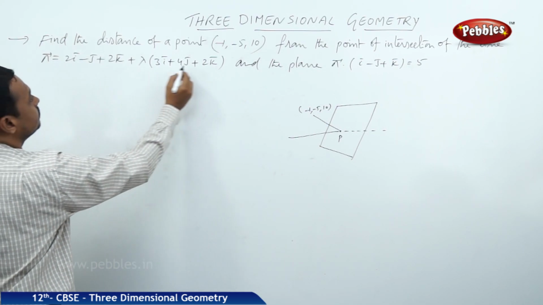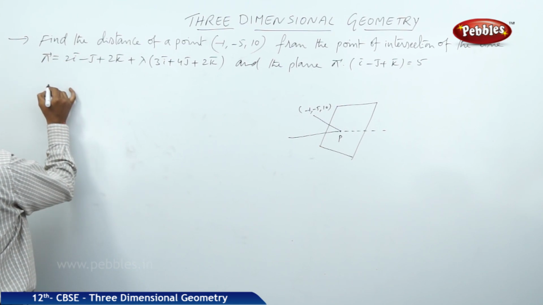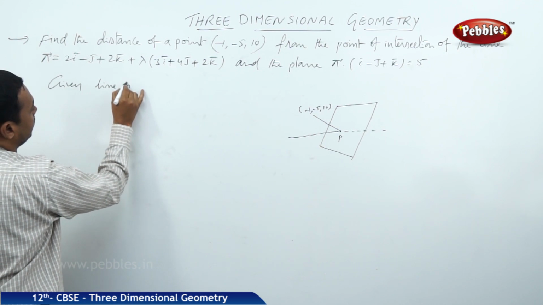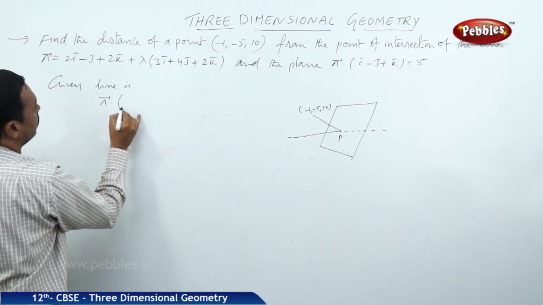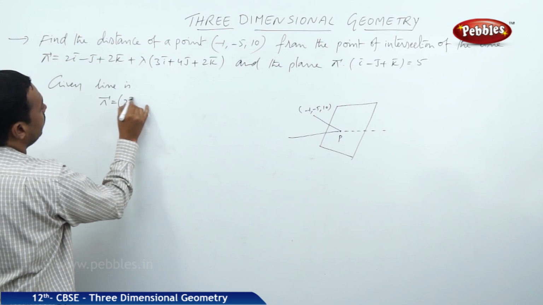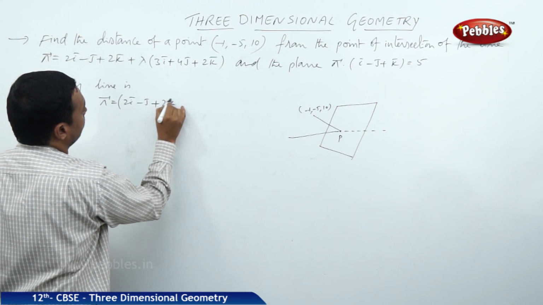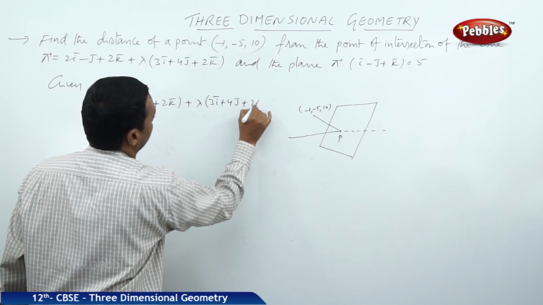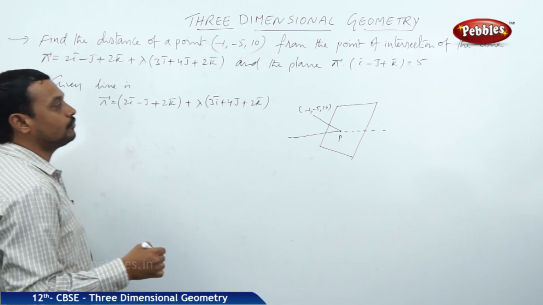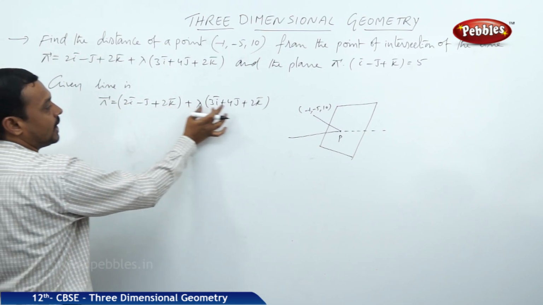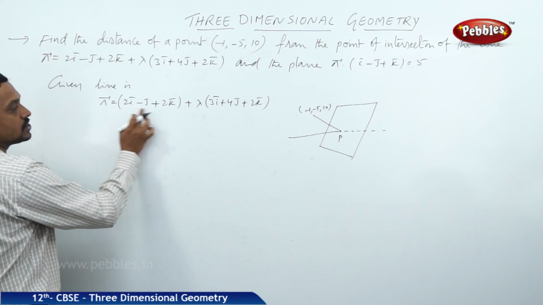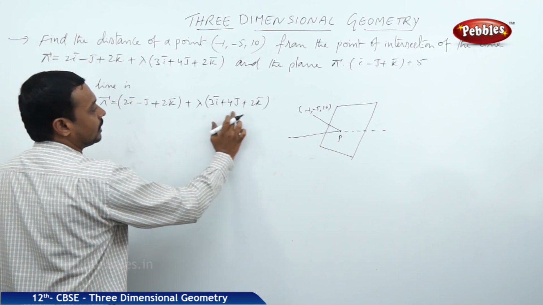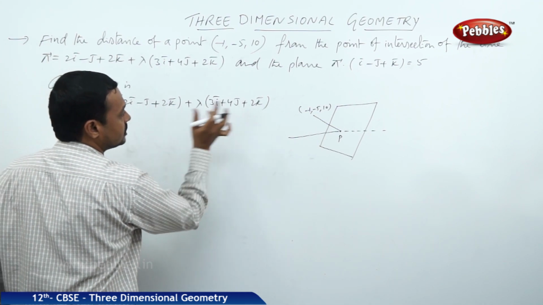Now, see here, the given line is r bar is equal to 2i minus j plus 2k plus lambda into (3i plus 4j plus 2k). This is the vector equation of the line, of the form r bar is equal to a bar plus some scalar into b bar, passing through this point and parallel to this vector.